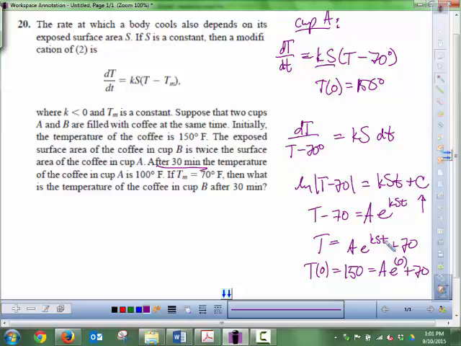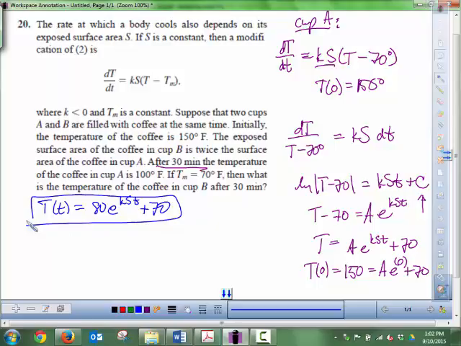So our A is equal to 80. So our function T of little t turns out to be 80 e to the Kst plus 70. So we'll box that, but we still need to find out what k is equal to.